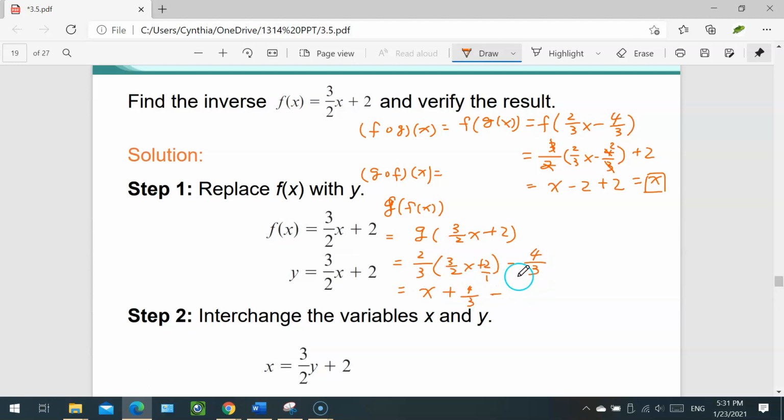And lastly, you minus 5 over 3. So these two numbers cancel out, you get a single x. So we verify the result of the function f and the inverse function of f of x, because both of the results show us a single x.